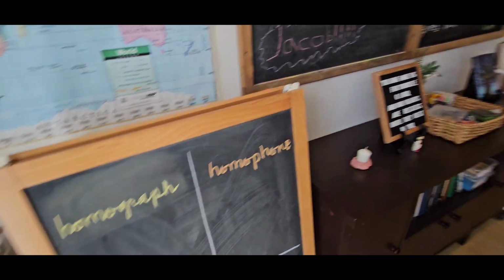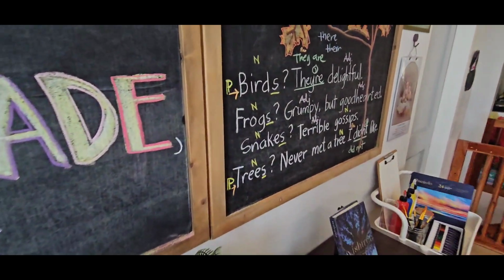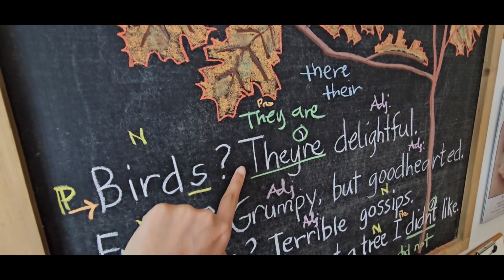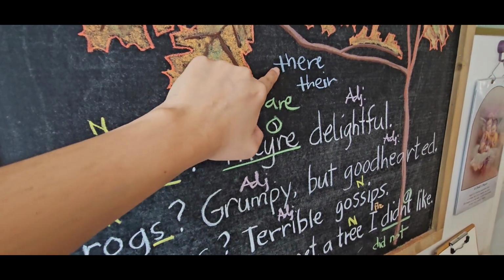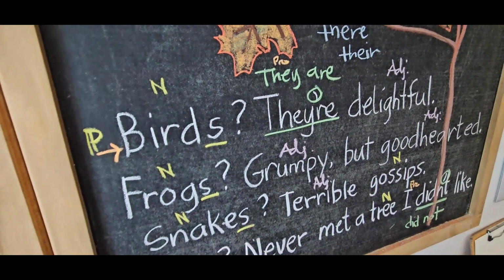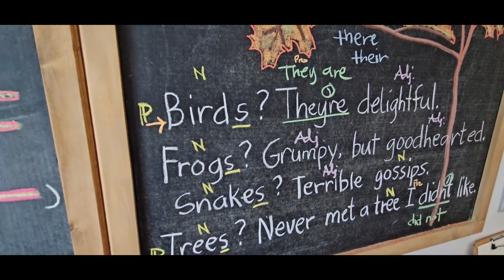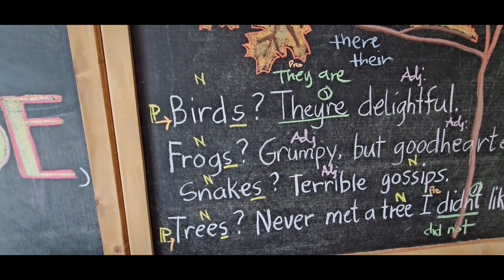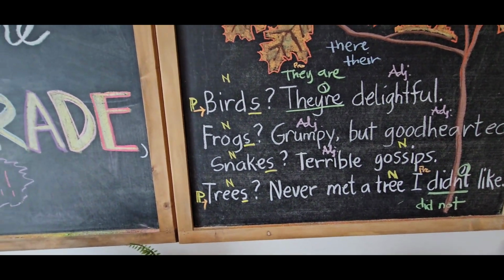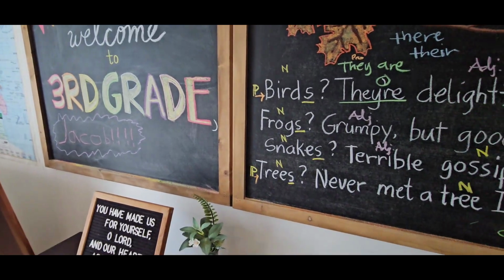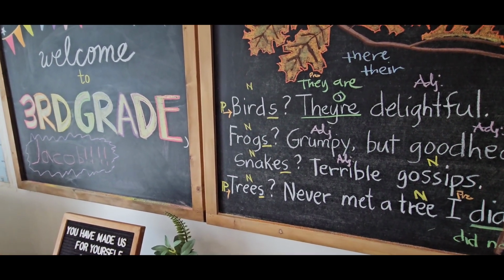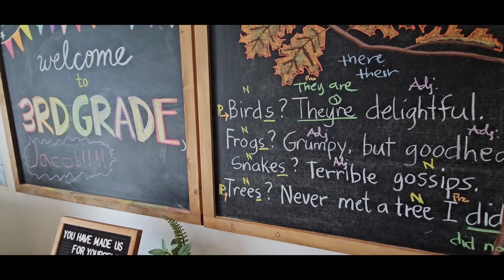Yesterday we had a lesson on homophones, and this is the example there, and there. But when I taught him the definition, I forgot to say that homophones are words that sound the same but are spelled different.